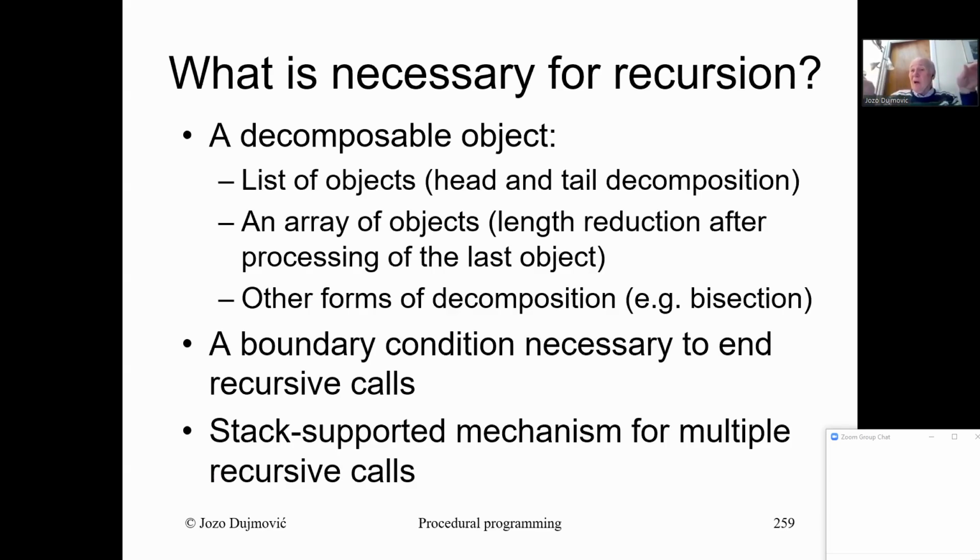If it is not a linear algorithm, then bisection is cutting in half and cutting in half, and this is also decomposition. Now, you must have a boundary condition. This is necessary to end recursive calls, and you have to have a language that supports multiple recursive calls. And of course, all languages today are supporting recursion, so that is not the problem.